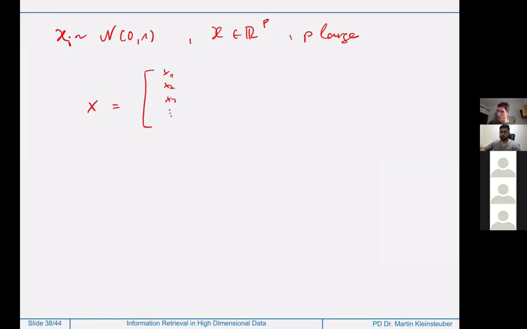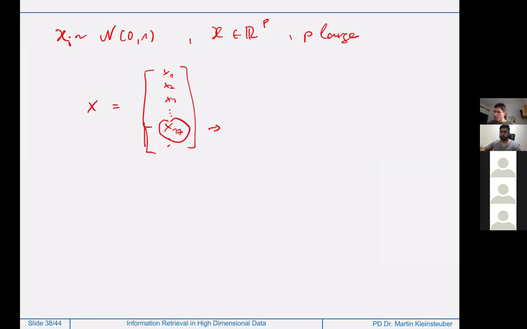So if you go to higher dimensions, and if you say, well, the x is somehow distributed, xi is distributed N(0,1), and you have your x in R^p, right, and p is large, then your realization of x looks like you have your x1 here and your x2 here and your x3 here, but at one time there comes this x17, and this x17 makes your whole realization of x somehow an outlier, and this is somehow responsible, right?